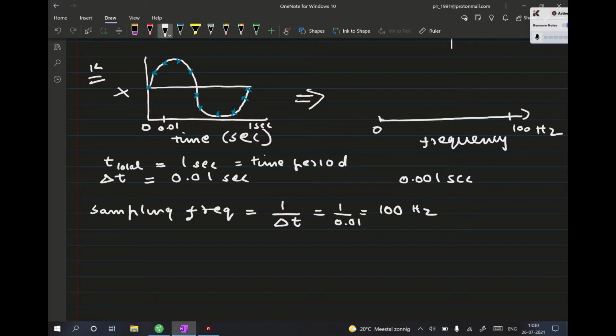So based on your frequency range of interest, one needs to make sure of the sampling rate of the input data, because it is not possible to retrieve the higher frequency range if the sampling has been done at a lower rate. So this is a very critical aspect.